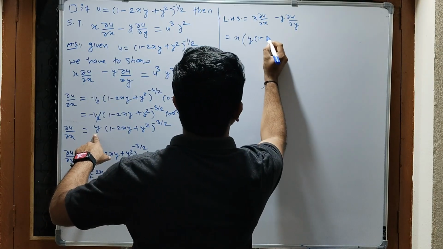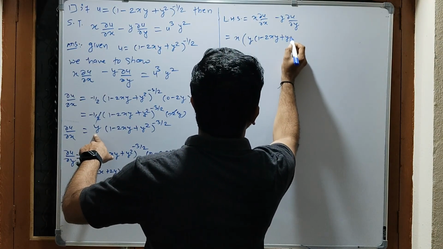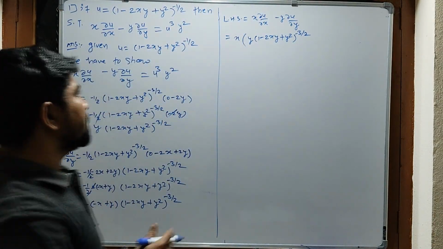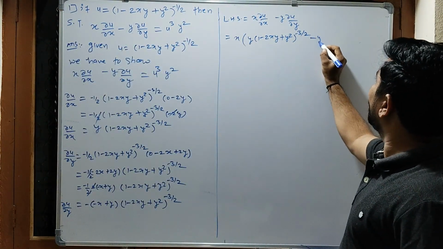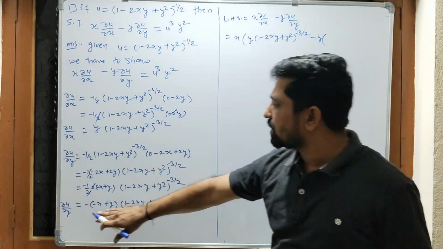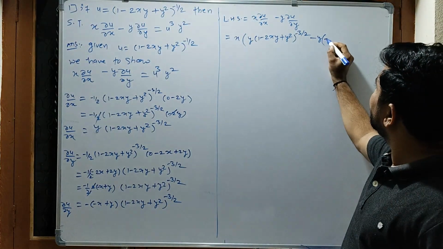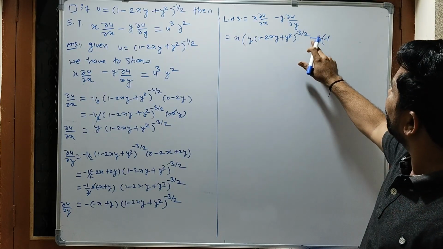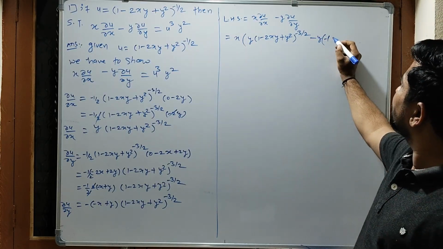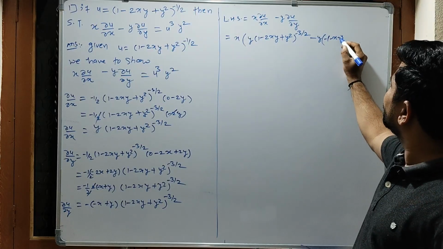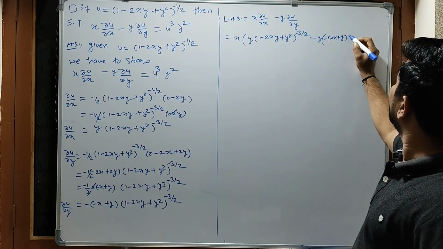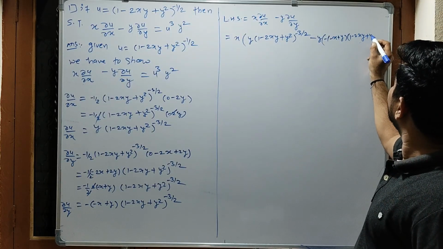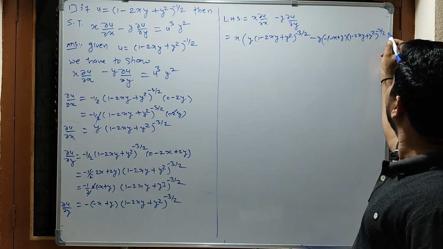Here (1 minus 2xy plus y square) to the power minus 3 by 2. So minus y times this, so minus and one more minus here, and again minus x plus y, times (1 minus 2xy plus y square) to the power minus 3 by 2.